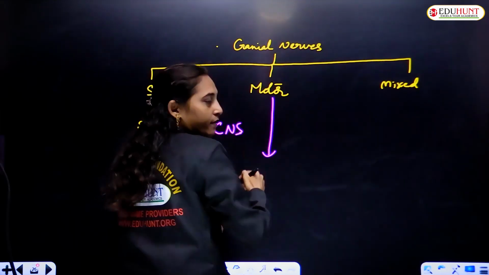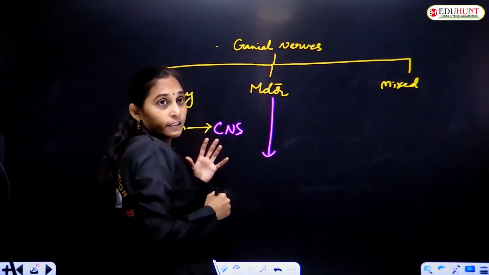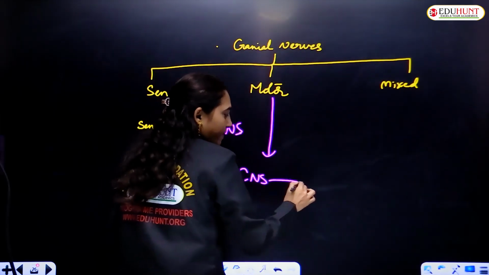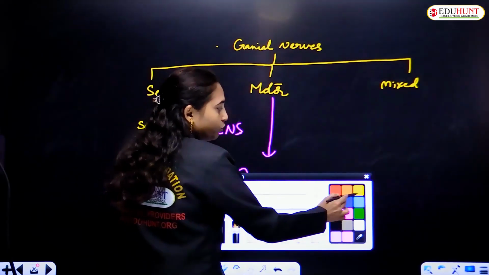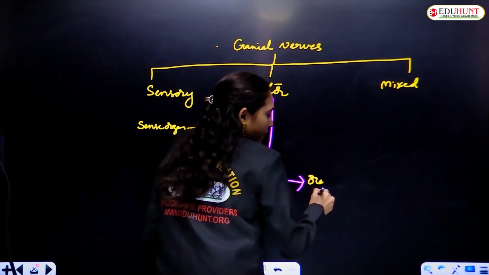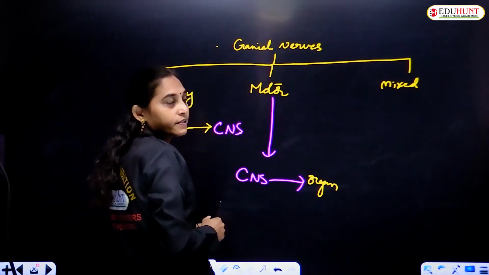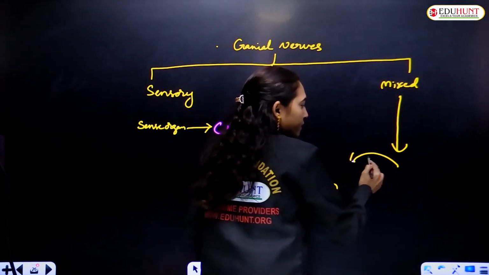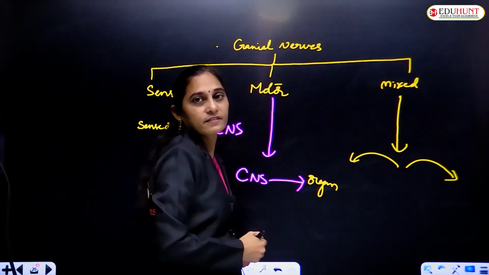In motor nerves, the impulses are carried from the CNS, that is central nervous system, to the effector organ. But in case of mixed nerves, both the directions.